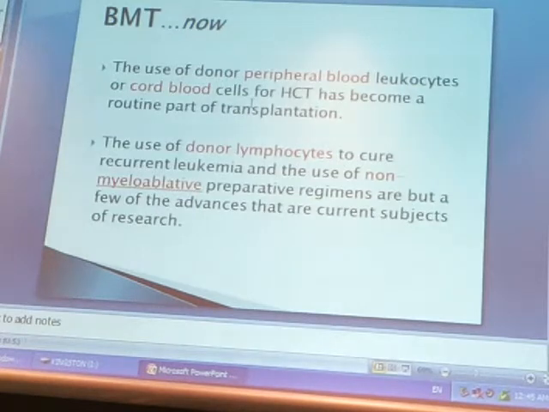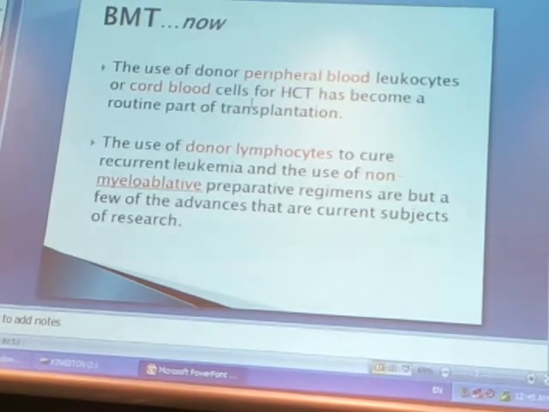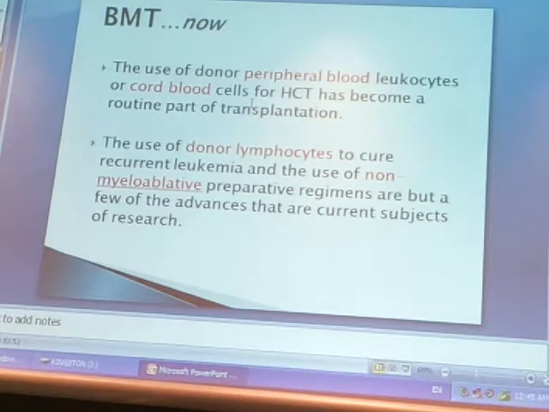So after giving the high dose of radiotherapy plus chemotherapy, we infuse the stem cells collected from a healthy donor, usually a fully matched sibling, or sometimes we use a matched unrelated donor, fully matched, sometimes not fully matched, according to the availability of the stem cells.